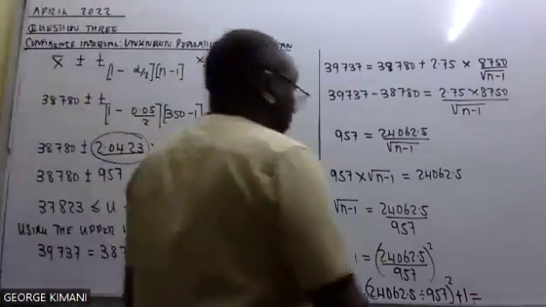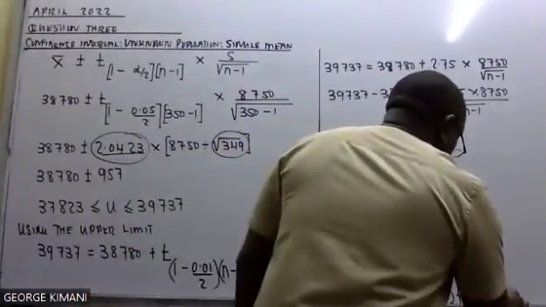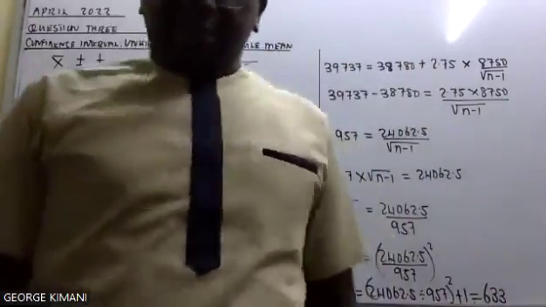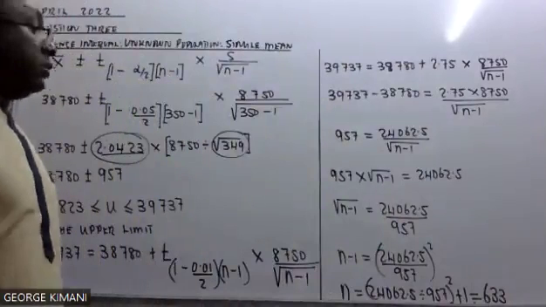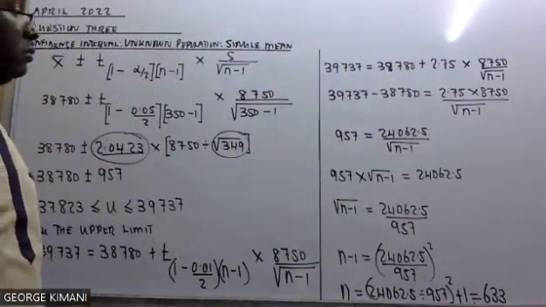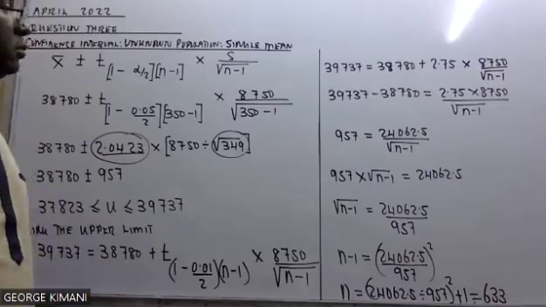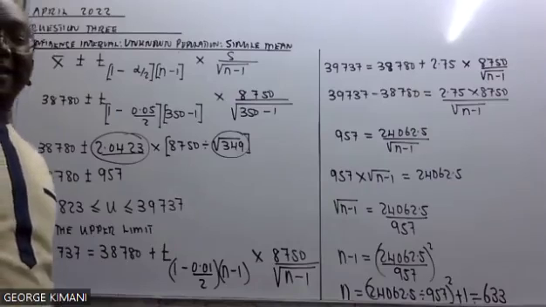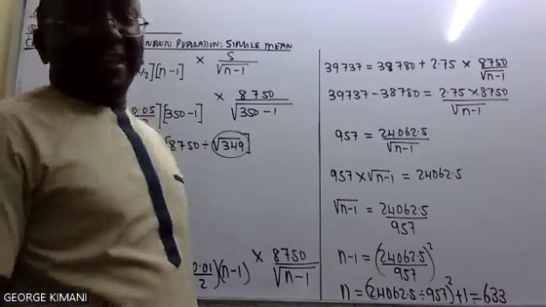Six, that's 3.2. Good, so Mercy was right. That is good. These things are very simple.